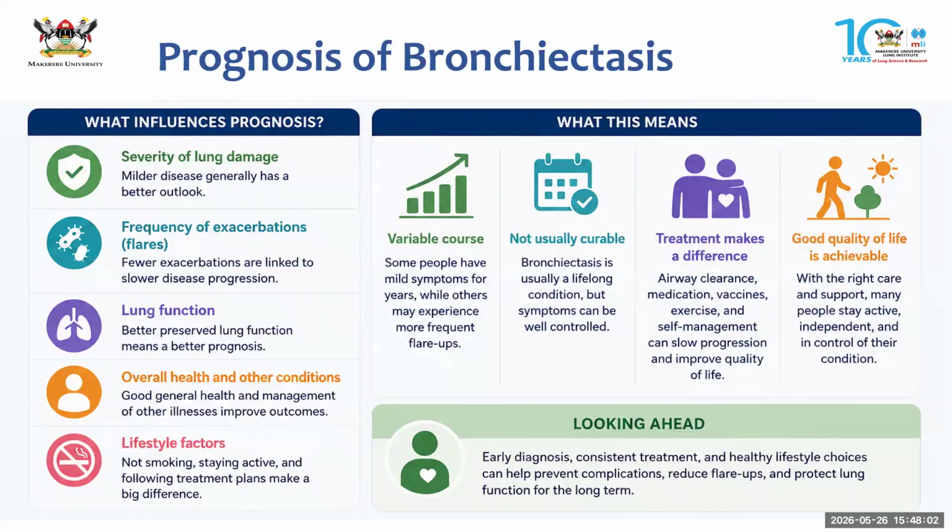And so overall, you will see that the prognosis is variable depending on the stage at which the patients are. Some people actually have very limited bronchiectasis, and they just go through life without really having any issues at all, because overall lung function is good, damage is little or minimal, spirometry is not that bad, the risk of exacerbations is very minimal, so they have a favorable prognosis.